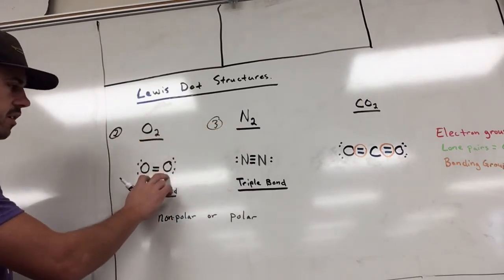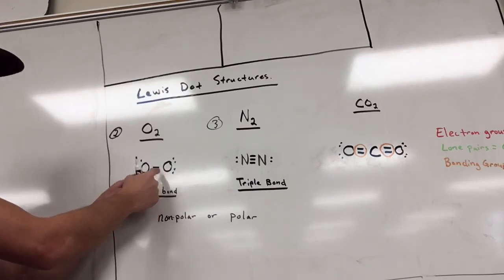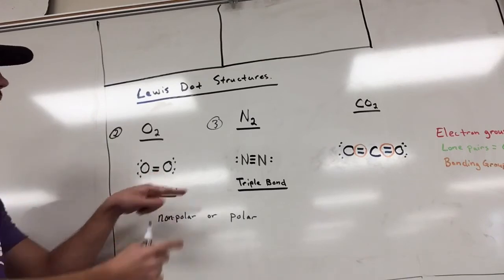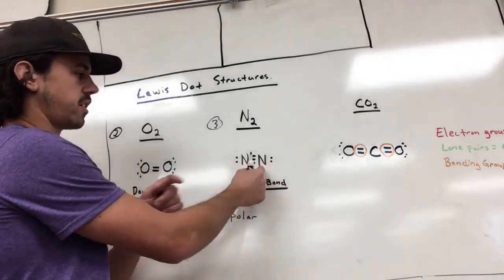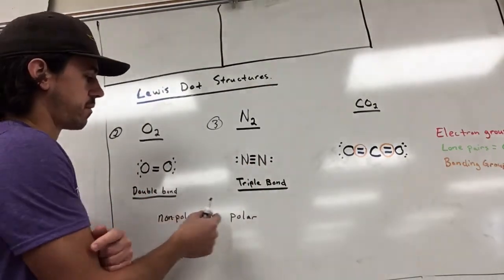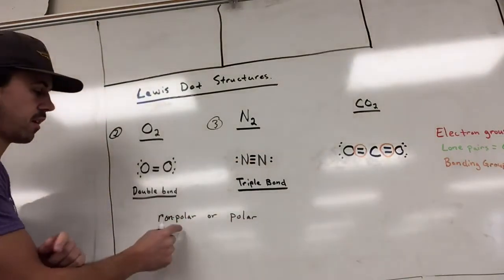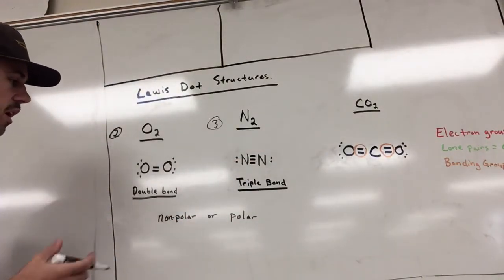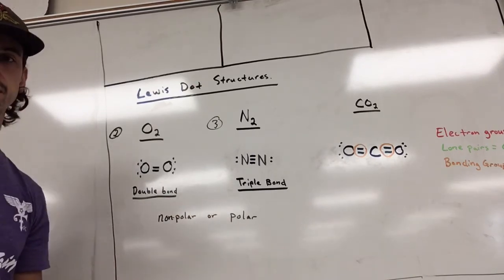You've got 2 oxygen atoms bonding together. Will one of these oxygen atoms pull harder on those electrons, or are they going to be pulling with the same strength? Same thing with our nitrogen. We've got two nitrogens. Is one of these nitrogens going to be pulling harder on the electrons, making it polar, or are they going to be pulling on those electrons with the same strength, making it nonpolar? So you guys decide whether it's nonpolar or polar, and that will be your last part of the practice.